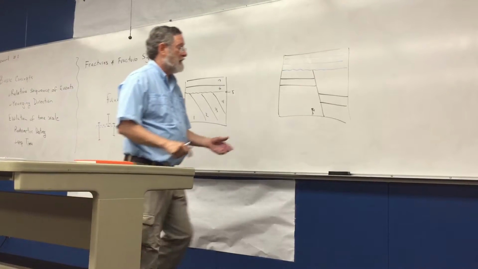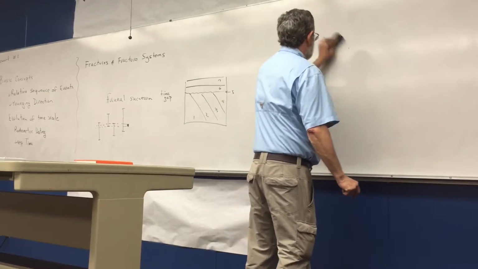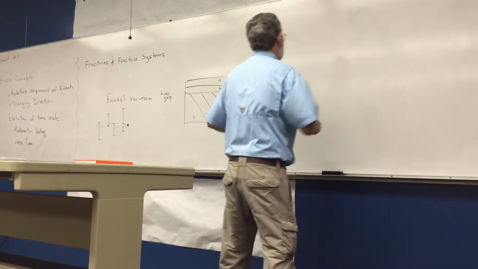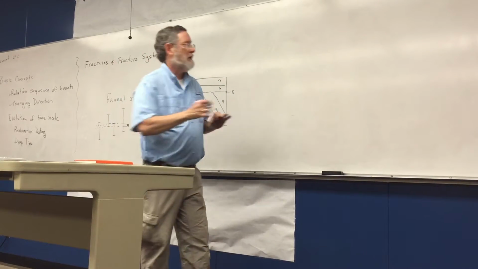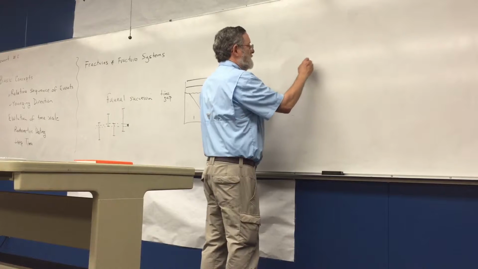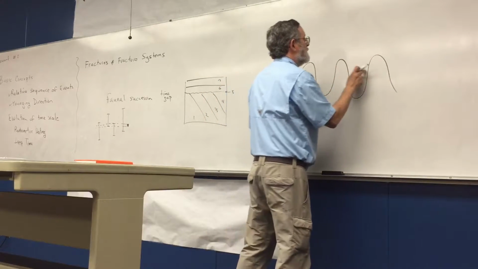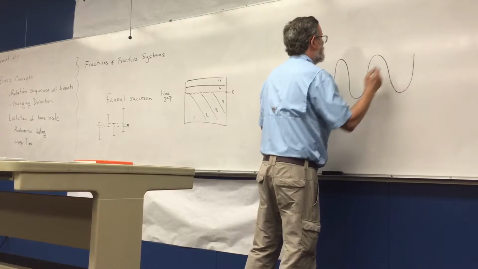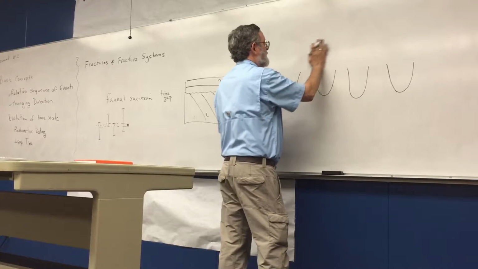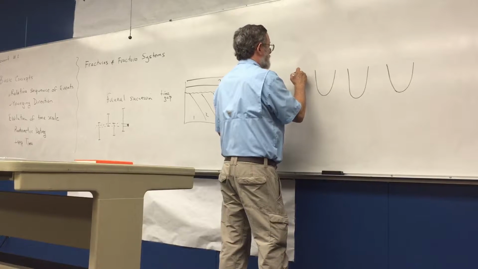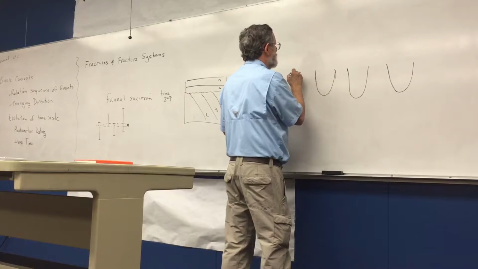I talked briefly about an example from a field camp that I taught, and I'll draw the whole system out, but then I'll modify it a little bit. We had a series of rock layers, 1, 2, 3, 4, 5, 6, I need another one, 7. Each one of these was nearly vertical in the field.